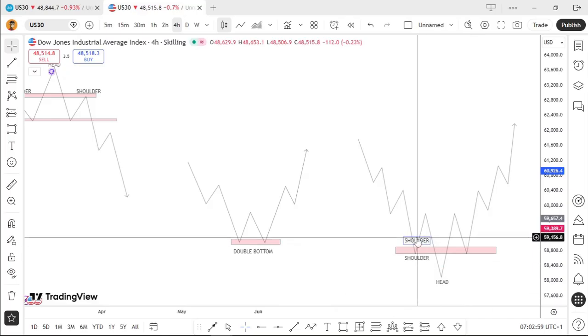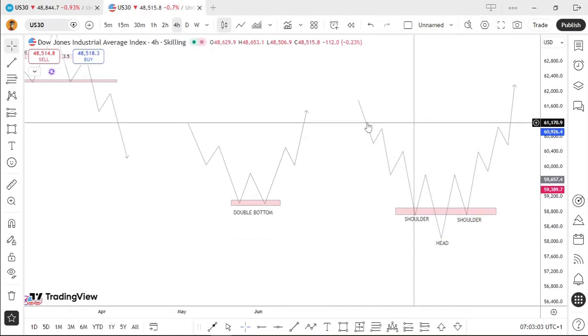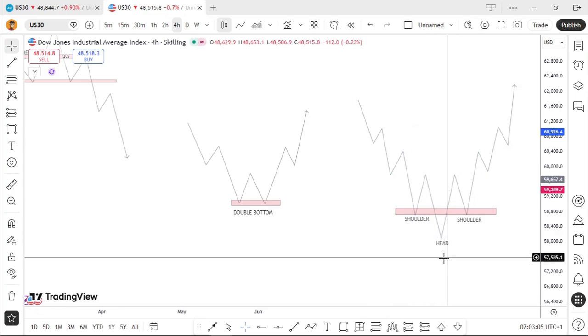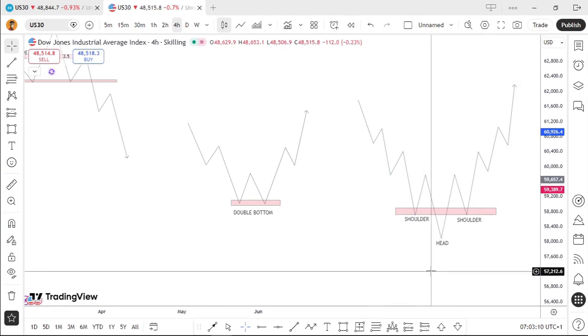So you see, in a bearish market it is known as inverted head and shoulder.